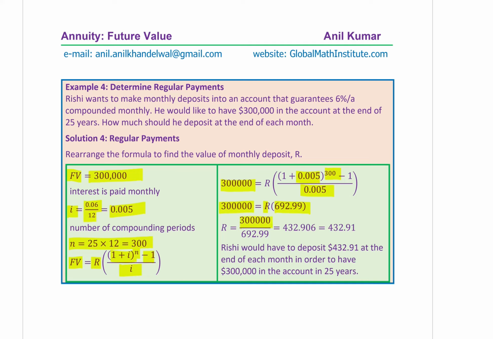So R is the ratio of 300,000 to 692.99, which is 432.91. So Rishi would have to deposit $432.91 at the end of each month in order to have 300,000 in the account in 25 years. I hope that is absolutely clear. You could rearrange the formula, then substitute, and also directly calculate the values.